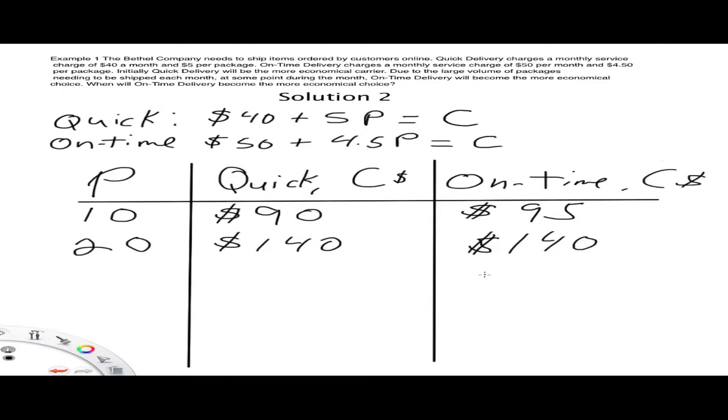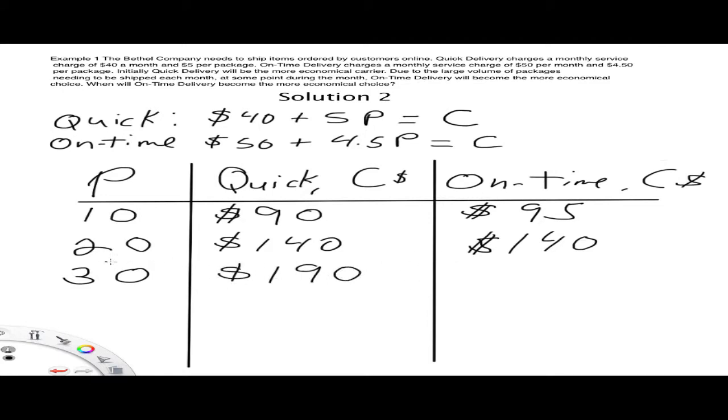Now I just want to verify that indeed when I go beyond that, on time will be less. So I'm going to use 30. 5 times 30 is 150 plus 40 is $190.